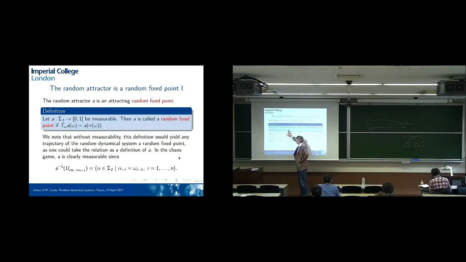It has this good property that if you act with theta omega on it, it precisely goes to the next object in the set. And this is of course the case here, because my sets are just the sets of the sequences. I know exactly how my dynamics act on it: it just adds a symbol to the front. So if I have some sequence here and I apply T1 to it, I get the same sequence, started with 1 and then the rest of the sequence.